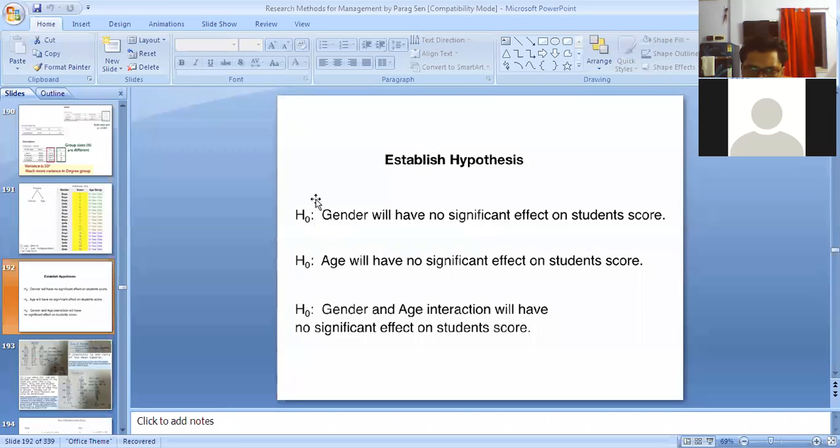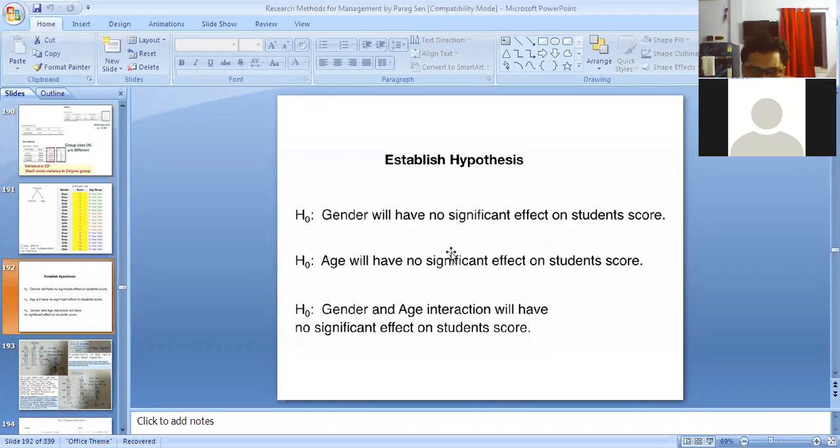One is the null hypothesis: gender will have no significant effect on student score, and your alternative or research hypothesis will be: gender will have a significant effect on student score.